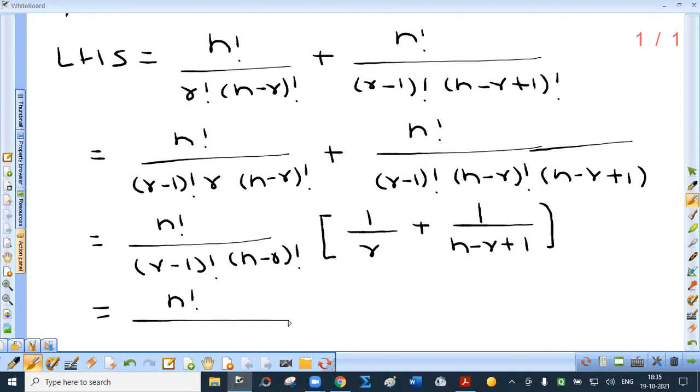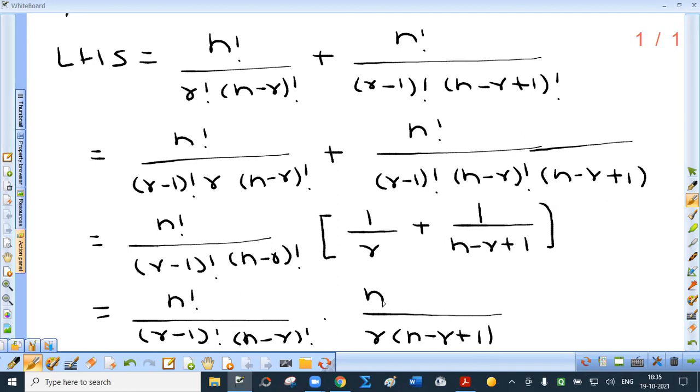This is n factorial upon r minus 1 factorial into n minus r factorial, r, n minus r plus 1, n minus r plus 1 plus r.